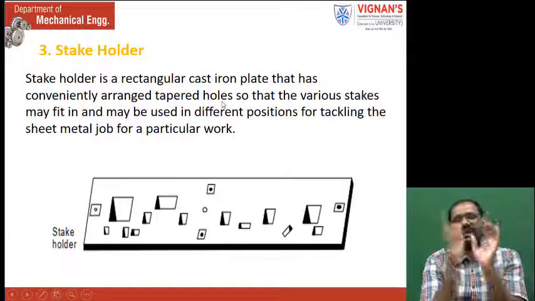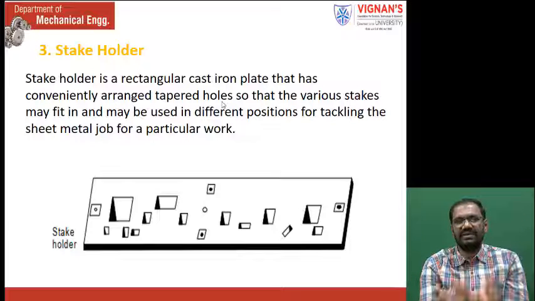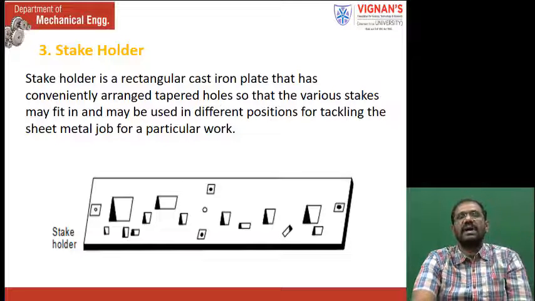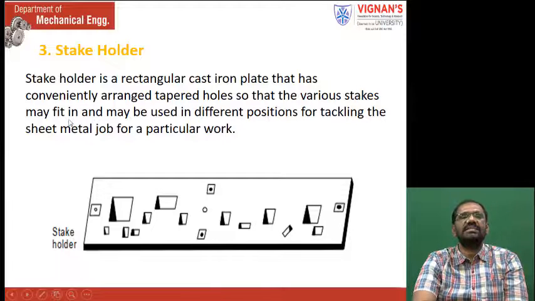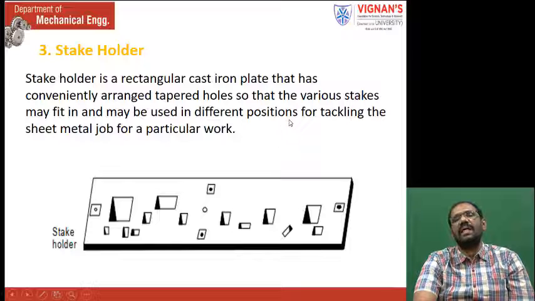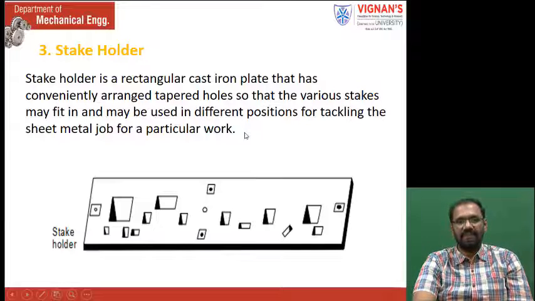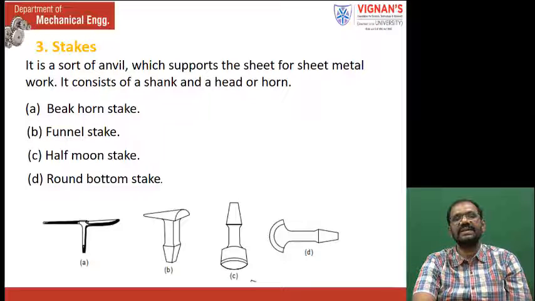Tapered hole means the size of the hole reduces going down, so that various stakes may fit in and be used in different positions for tackling the sheet metal of a particular work. See this one? All these have a taper projection.